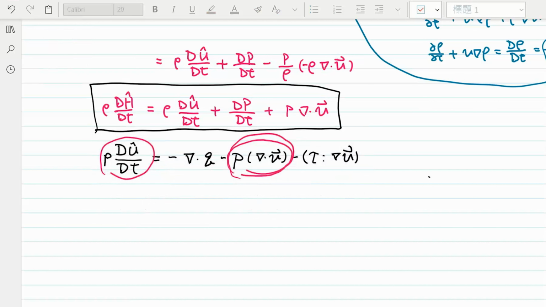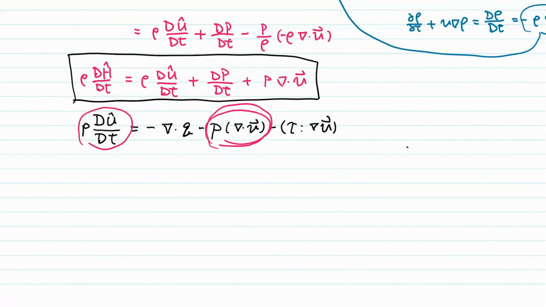Okay, so you can see where we're heading. If you look at the terms, the internal energy is here, also here, and the PV term is here and also here. So we're going to substitute these two terms by the enthalpy and the substantial derivative of pressure.